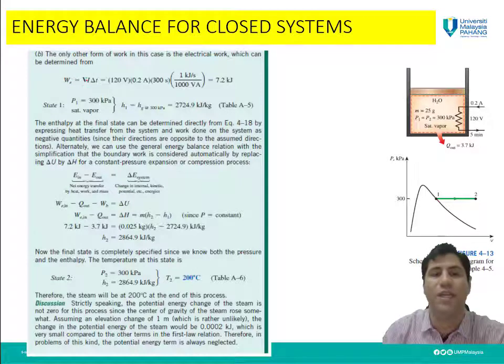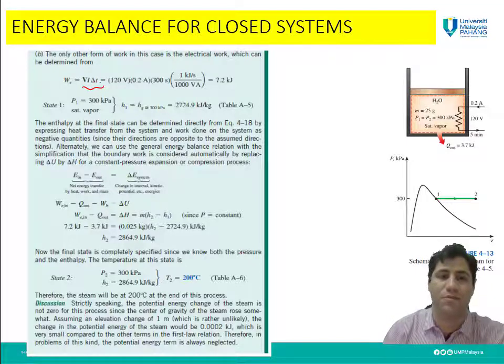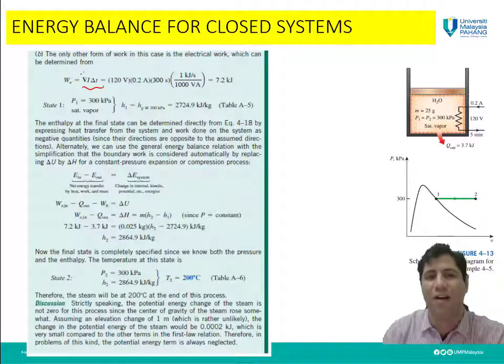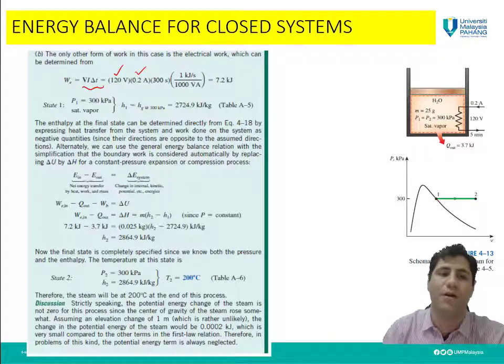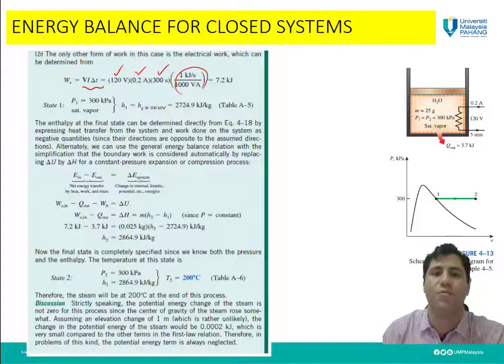W_E is equal to V I delta T: voltage, current, and time interval, which we have all of that information: 120 volts, 0.2 ampere, and delta T was 5 minutes, which means 300 seconds. And with this unit conversion, finally we will have electrical work to the system equal to 7.2 kilojoule.